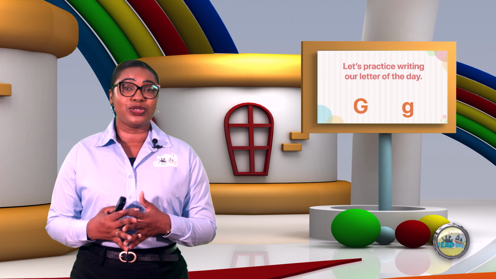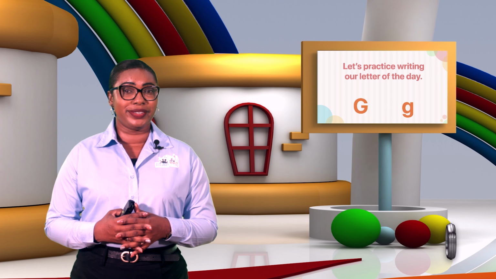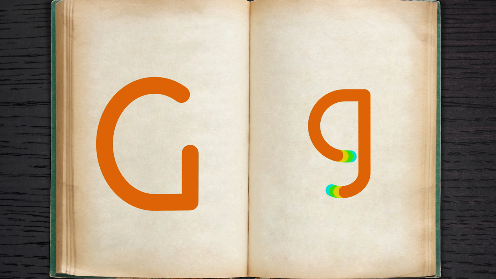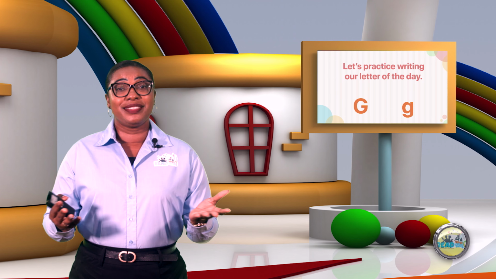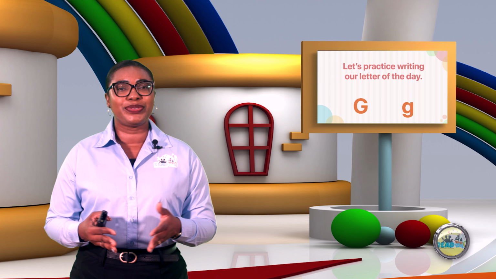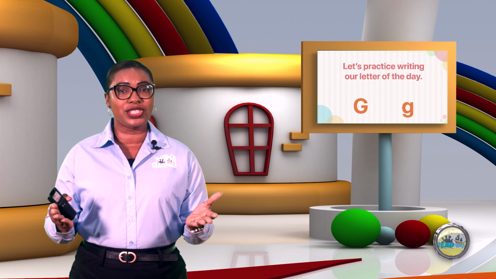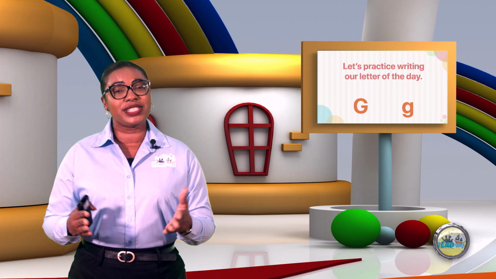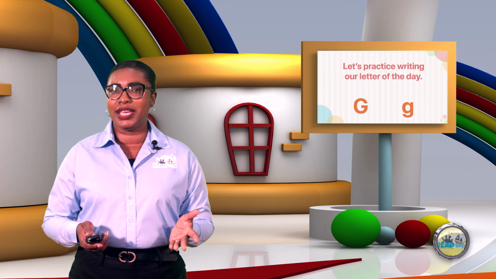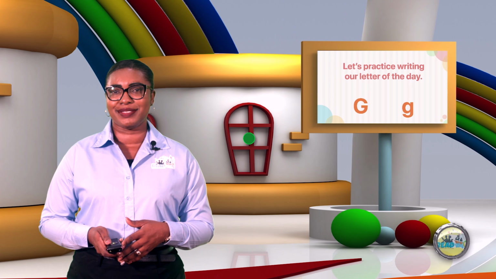It would be fun to show someone close to you your work. So that was our practice for today. We have just tried writing gorgeous letter G in both uppercase and lowercase.